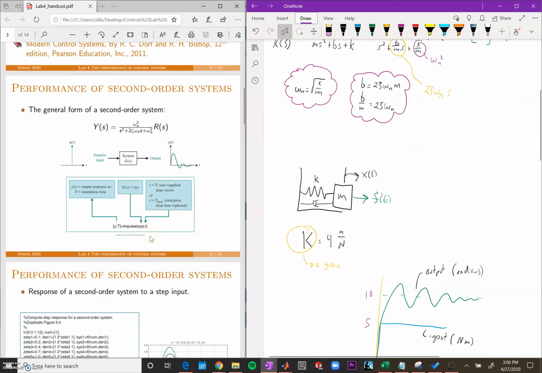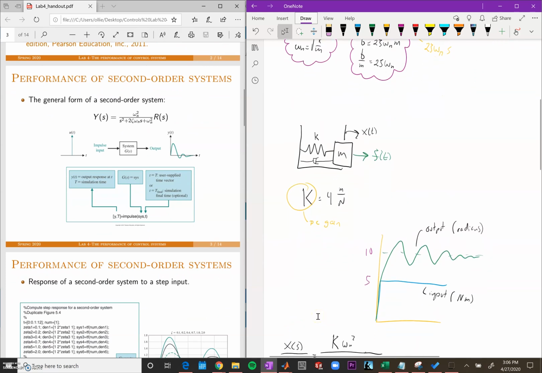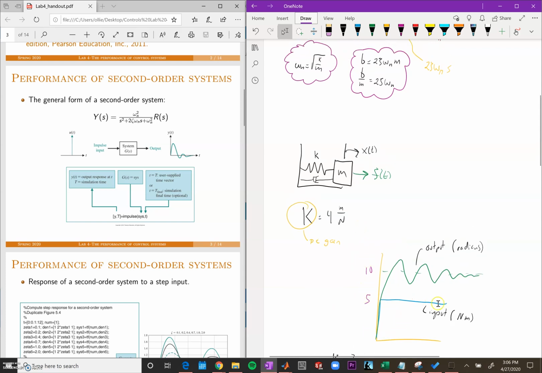Let's move on. Oh, well, first I'll talk about units of k. So in our vibrations lab, we did a torsional disk. And if you remember that one, we did a step input. And so we applied, I don't know, some torque as an input. Let's call it 5 newton meters for torque. And it looks like this. This is what a step input looks like, the blue line. And our response was like this.